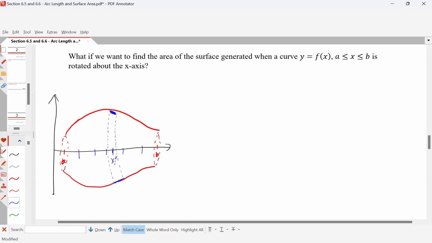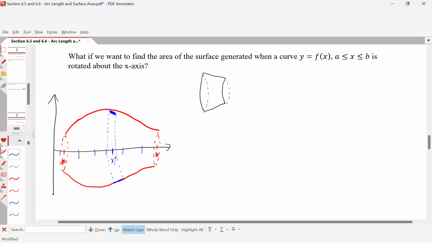Well, zooming in on that little piece, that creates the bottom half of a cone type shape. We are looking at the bottom chunk of that cone.